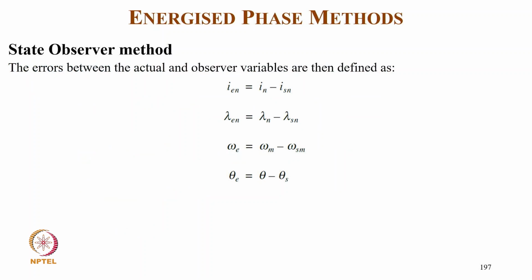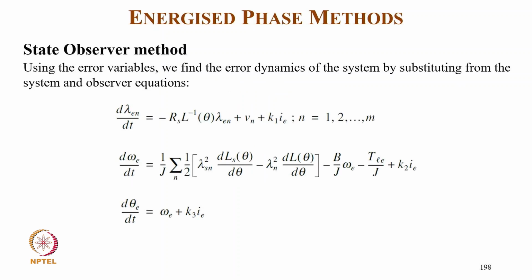So the errors between the actual and observed variables are ie equal to in minus isn, lambda en equal to lambda n minus lambda sn, omega e equal to omega minus omega s, and theta e equal to theta minus theta s. Using the error variables, we find the error dynamics of the system by substituting from the observer equations.